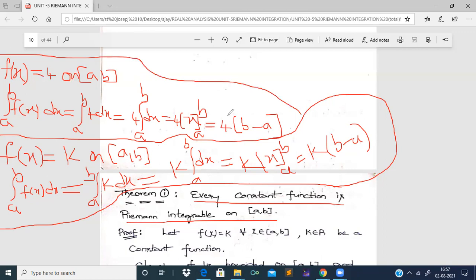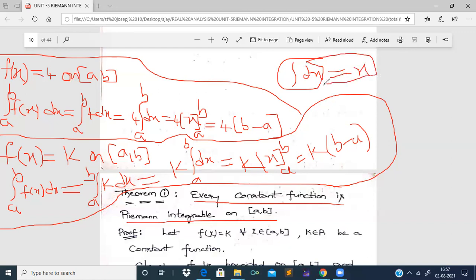Now, let me clear all these drawings and take you to the proof of the theorem statement. These two results come from the formula integral dx is equal to x.